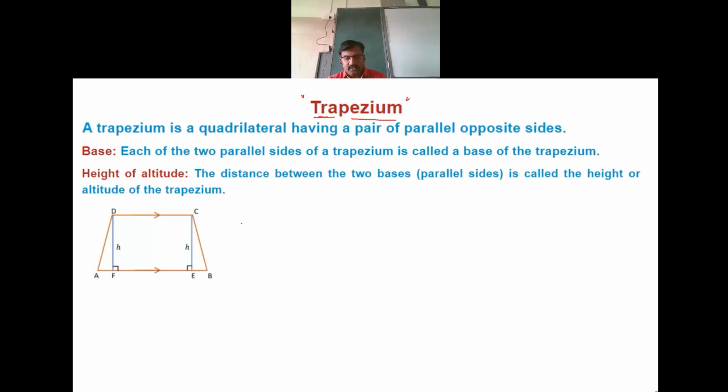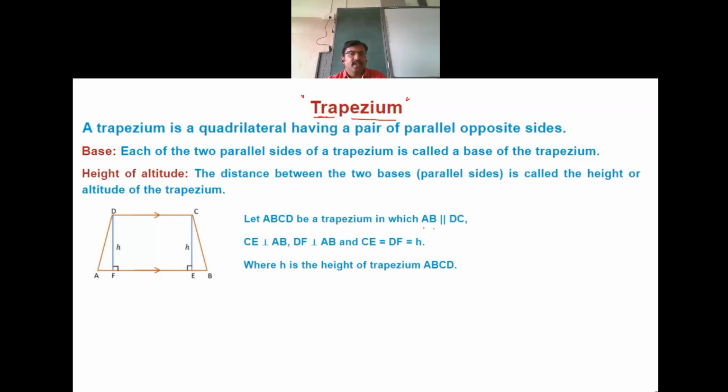For this trapezium, AB is parallel to DC. There are perpendiculars. CE is perpendicular to AB. DF is perpendicular to AB. And these perpendicular distances are h. Now, how do we find the area of this particular trapezium?